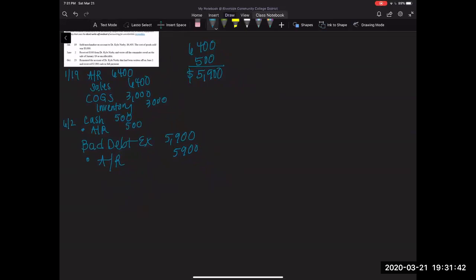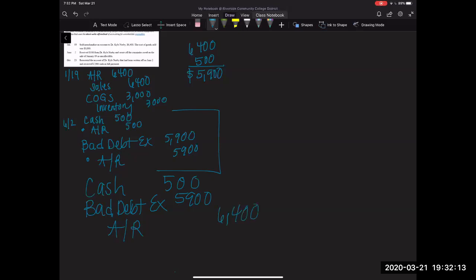And what is going to be expected in Cengage? You're going to do a debit of cash. We're combining these 2 entries together. So we're going to do a debit of cash of $500, a debit to bad debt expense of $5,900, and then our credit will be to accounts receivable of the $6,400.